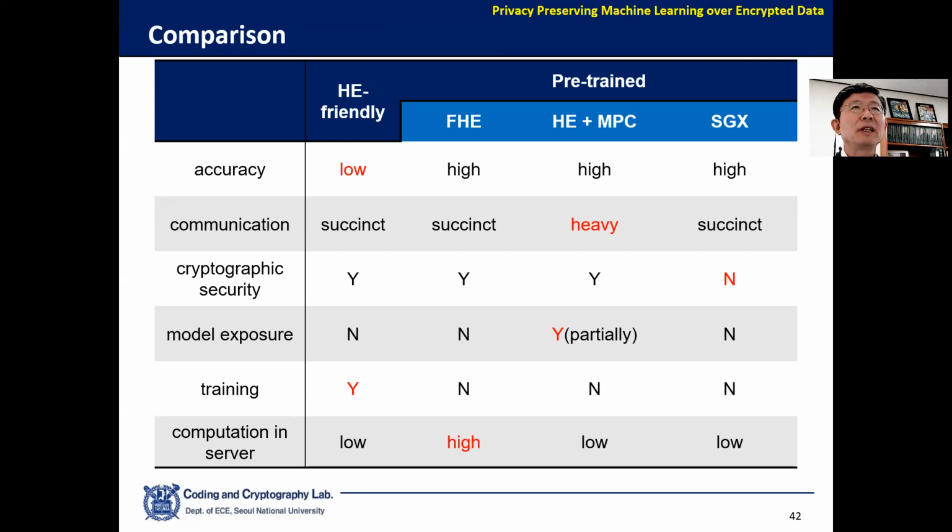Cryptographic security is high, yes, except the SGX. Model exposure, HE plus MPC is yes. Training is needed in HE-friendly, and computation in server is high in FHE.